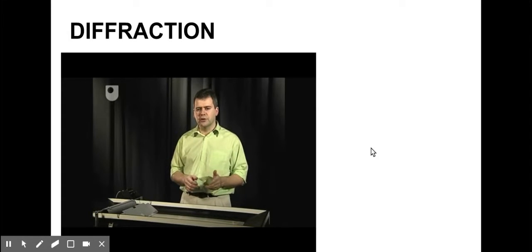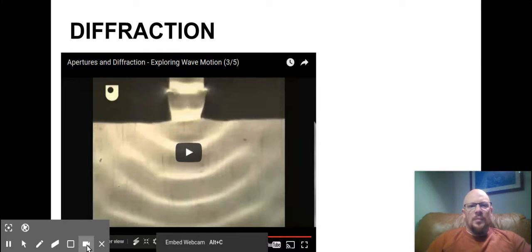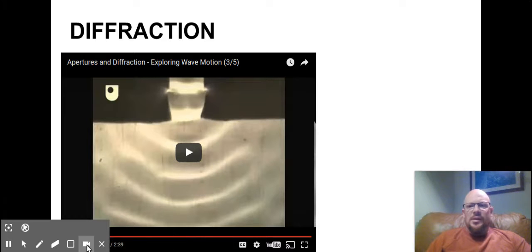In fact, all kinds of waves, not just water waves, exhibit diffraction at an aperture, as long as the aperture is not too big. All right, so you see the change in the space or the opening changes how much it diffracts as that wave comes through, and light works the exact same way.